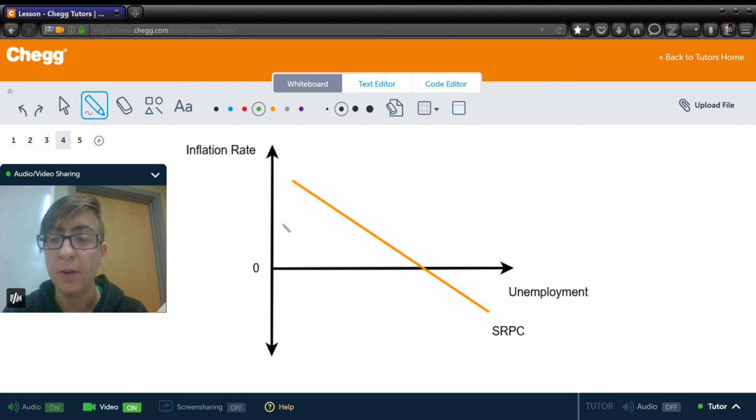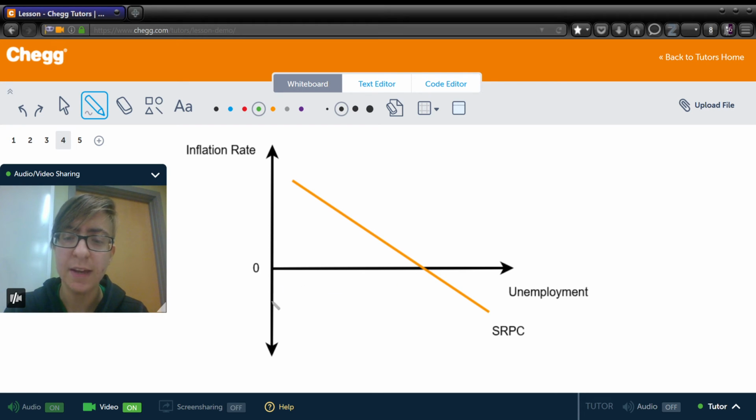This is similar to demand because if we change the inflation rate to price and unemployment to quantity, if you have a higher price, people will demand a smaller quantity. But if you have a lower price, people will demand a higher quantity. So it's the same idea, just a different curve.